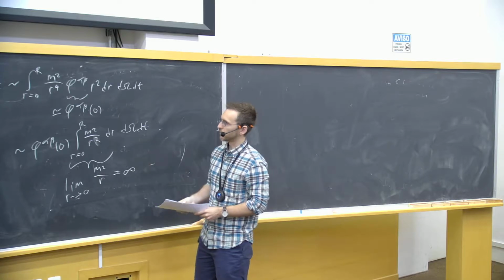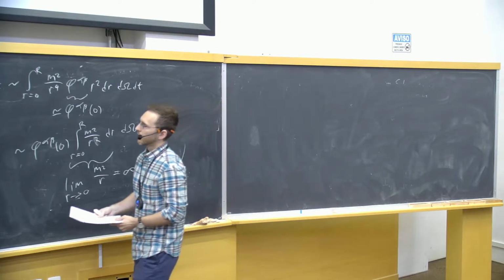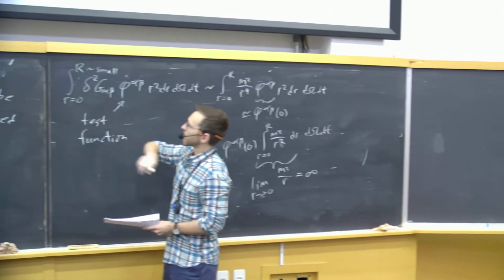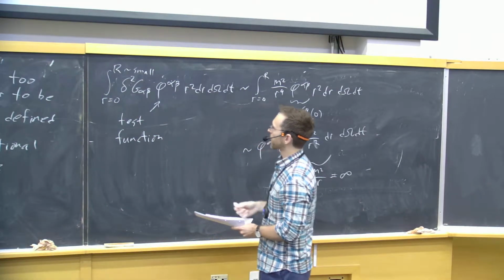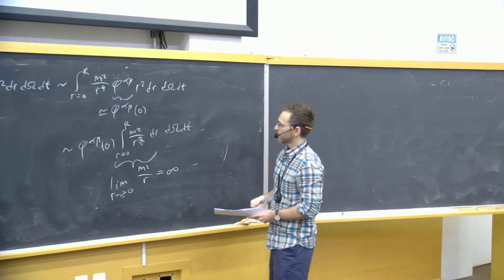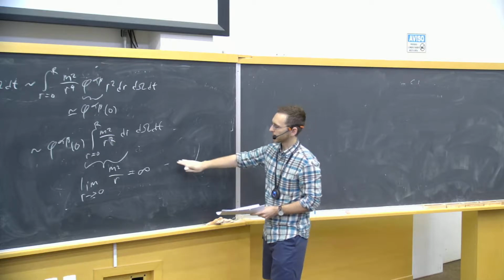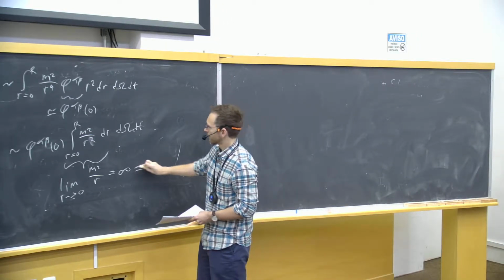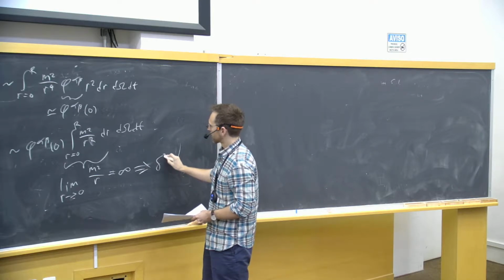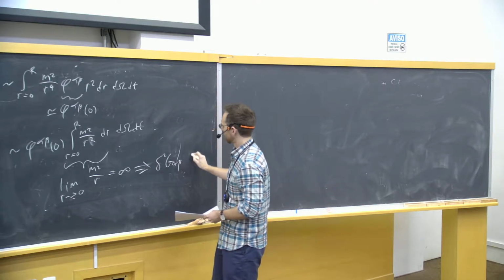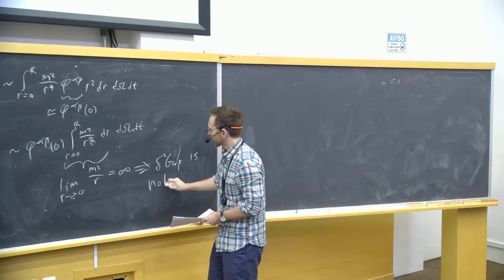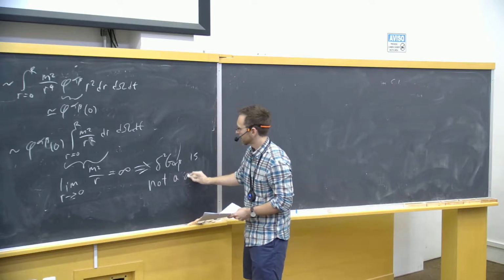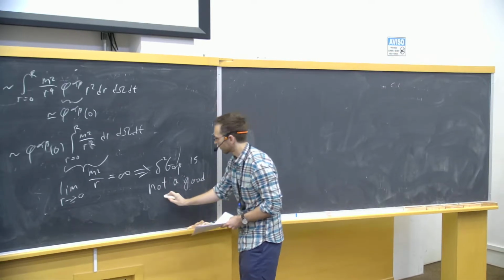This integral is not well defined, so the integral of the source against the test function is not a well-defined distributional operation. To put it simply, this is not a good source.